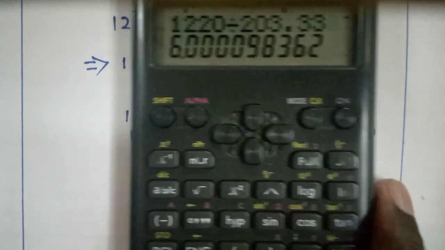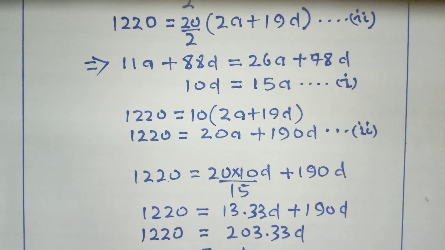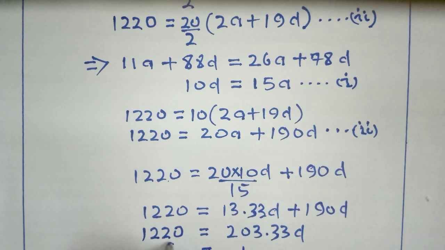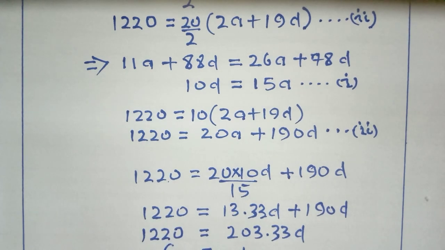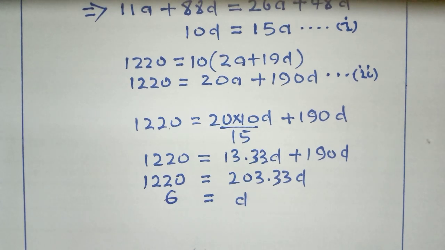This gives us 6.00009. So in other words, it's supposed to be 6. That is our solution, guys. So we've been able to get our D now. So let's go and find our A.